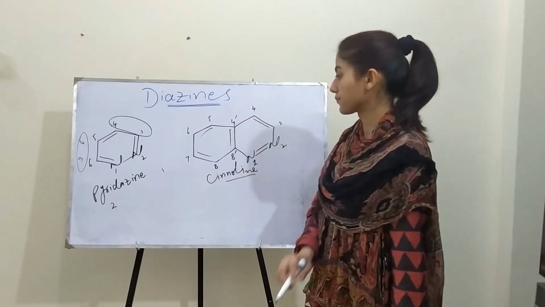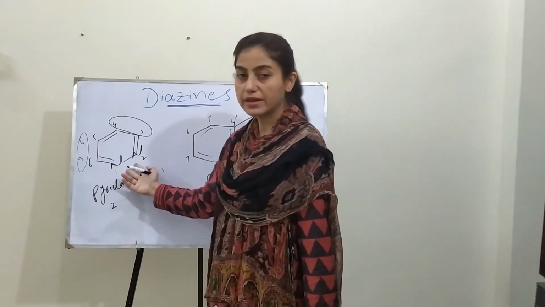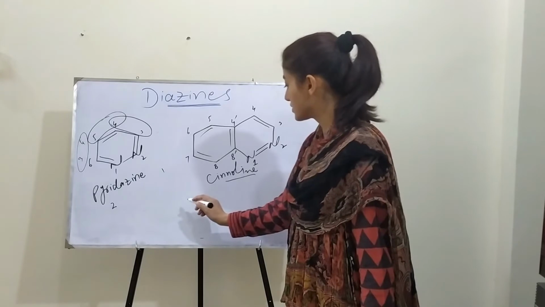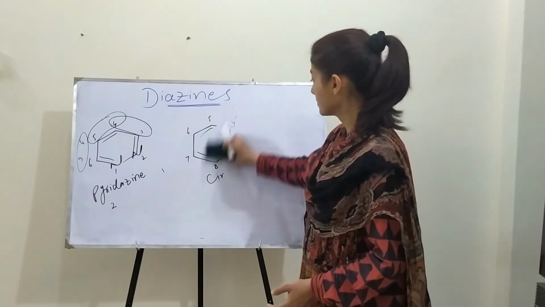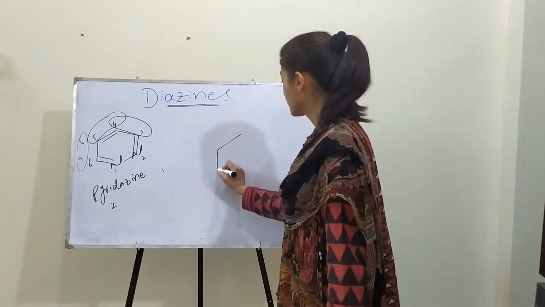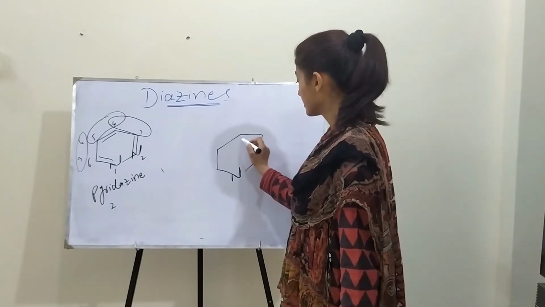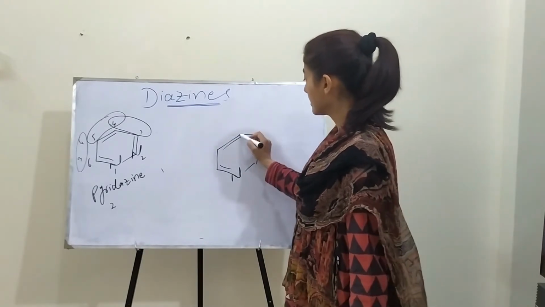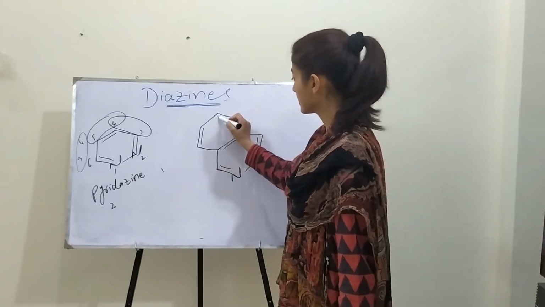The other possibility for the benzene ring to fuse with this pyridazine is at 4 and 5 position. At this 4-5 position, it would look like this. Here at first we draw pyridazine, that is like this, and then 1, 2, 3, 4 and 5. Then at this 4 and 5 position we draw a benzene ring, that is like this.